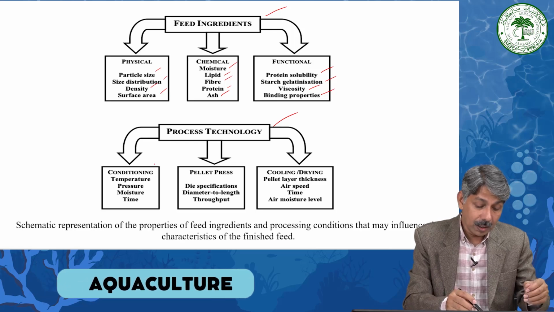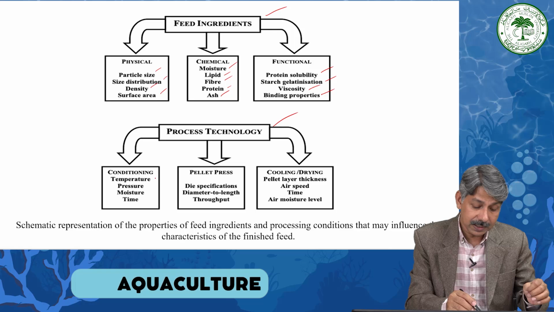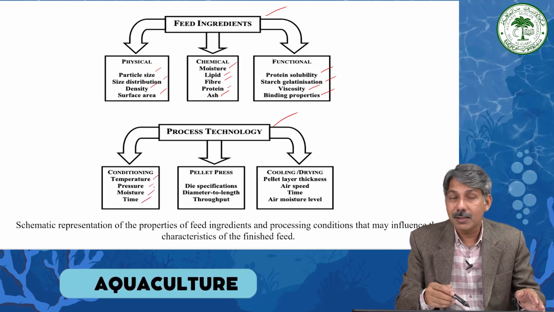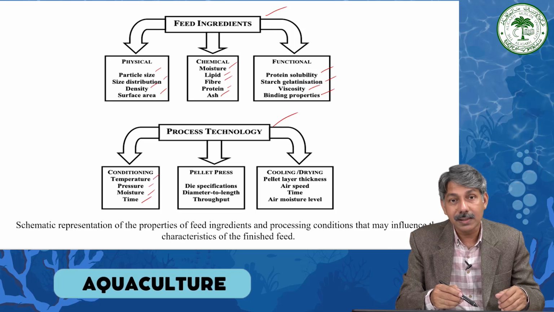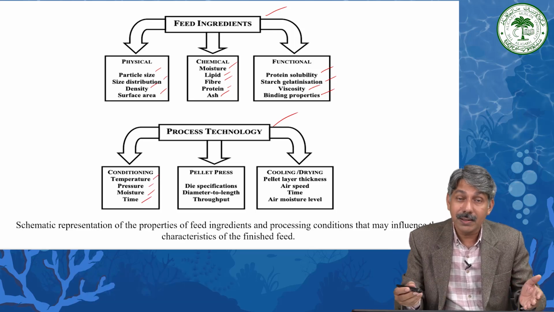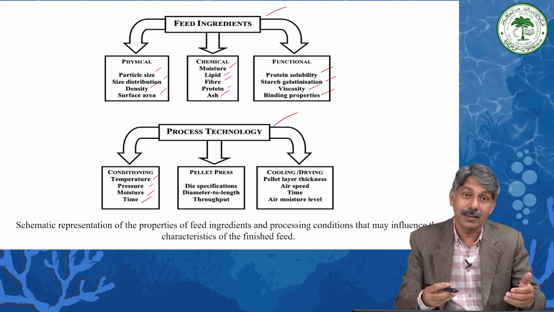So processing conditions, what are these conditions? Like temperature, pressure, moisture, time. Of course, they have major influence, which we are not going to discuss here in detail. If you are cooking at low flame, medium flame or high flame, you may get different characteristics of that same product.